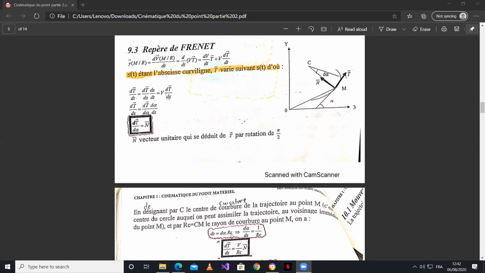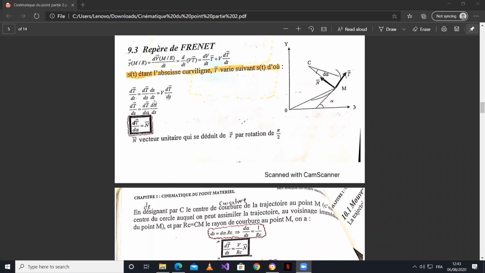Then when you just play around with this formula, you rearrange the terms so that you have d alpha over ds. You can just divide by d alpha, and you have ds over d alpha being equal to Rc. Then you reciprocate everything. It's going to become d alpha over ds being equal to 1 over Rc. And that's where this has come from.